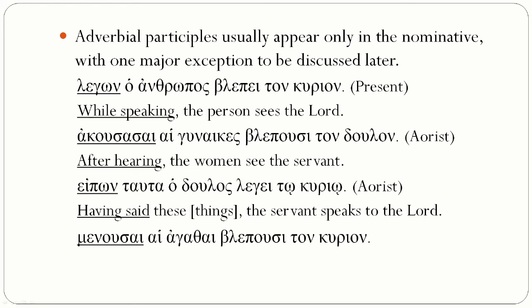In this case, there is no associated noun with this. Therefore, hai agathai is a substantive adjective, and you can put in something like "the women," which means the good women. So the good women see the Lord.